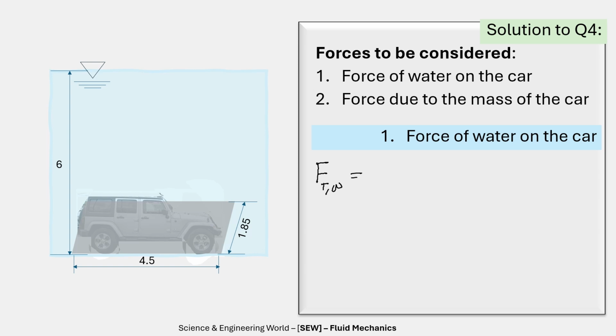which is equal to gamma A H bar. Gamma we know is the specific weight of the water. That's gamma, which is given as 10,006.2 Newton per meter cube. We have been using this before.